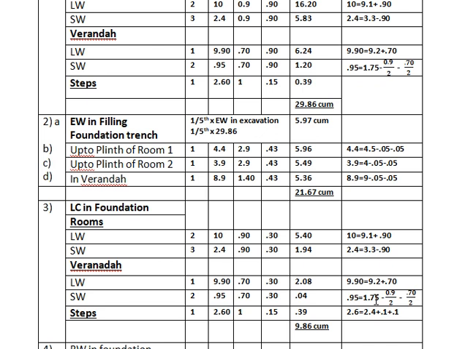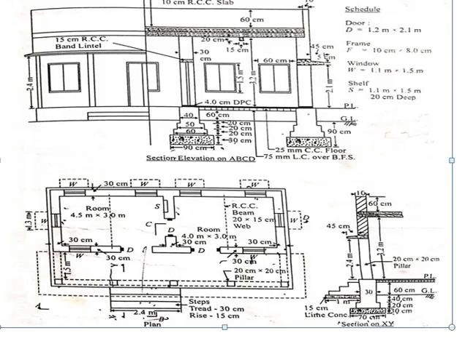Now for the veranda 1.75, we have to subtract 0.9 by 2 and 0.7 by 2, because the sections are different on both the sides. 0.9 on this side and 0.7 by 2 on another side. So this is how you calculate the length when we have the different cross sections.